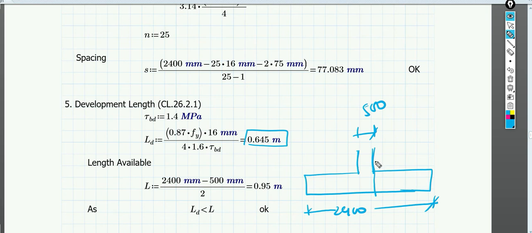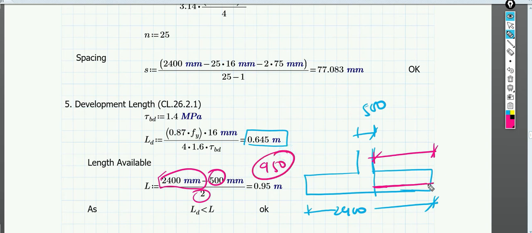So we need to find out what this distance is, because within this distance we are going to provide the reinforcement, and this distance should be more than the Ld required for the particular bar. So you have to find this distance. This can be found out by (2400 minus 500) by 2, which comes out to be around 950 mm.